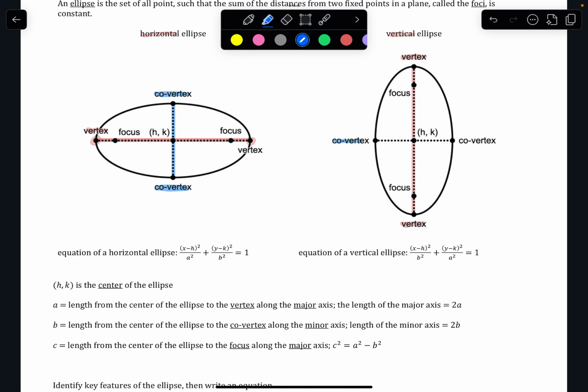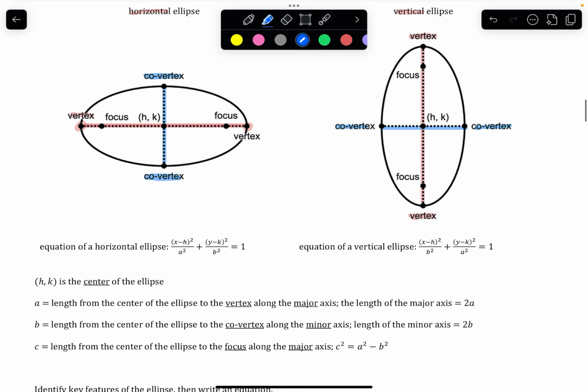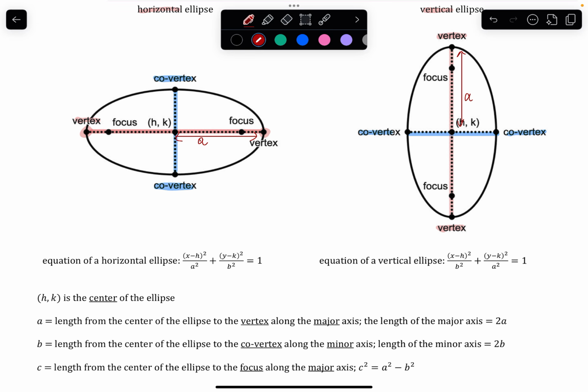And so the shorter axis is called the minor axis, and then the points on each side are called the co-vertices. And so when we are talking about the distance from center to vertex or center to co-vertex, we use letters. From center to vertex, whether it is a horizontal direction or a vertical direction, is A. So it's kind of like your radius in the longer direction, your longer radius.